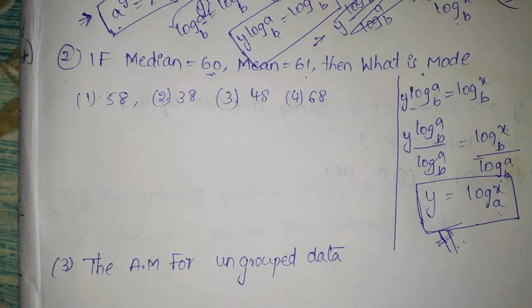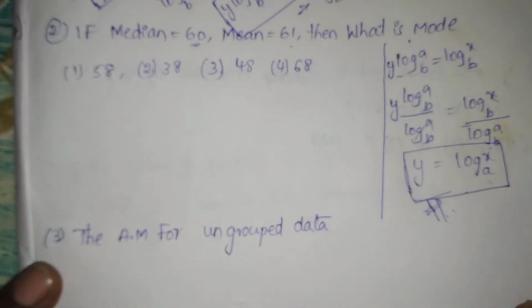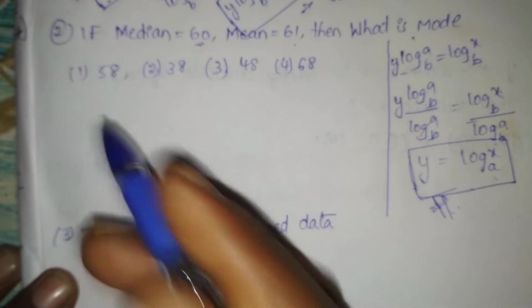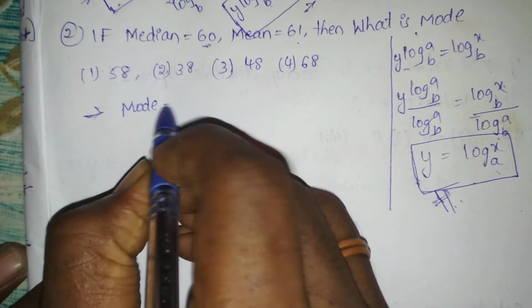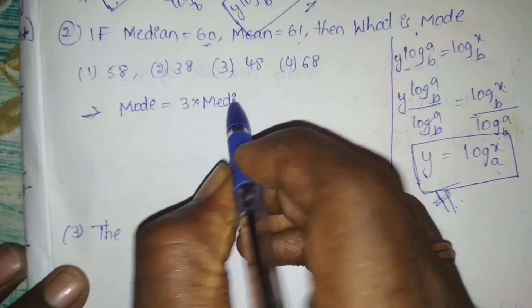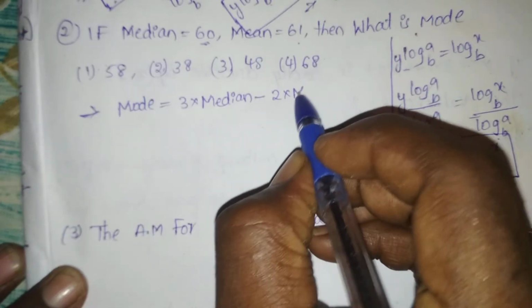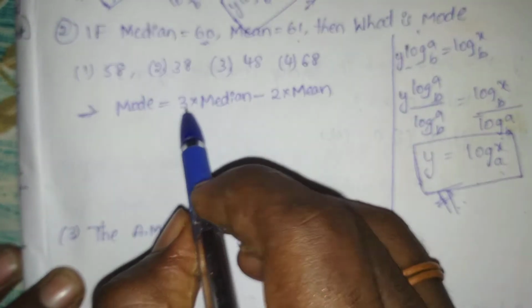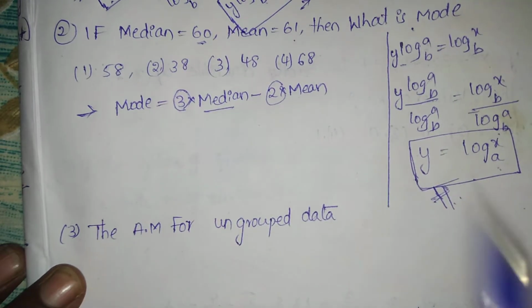Here we have an empirical formula: mode is equal to 3 into median minus 2 into mean. A simple way to remember: 3 multiplied with median and 2 multiplied with mean to get the mode.